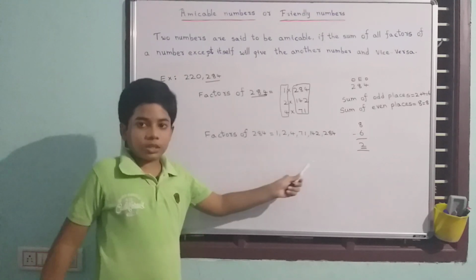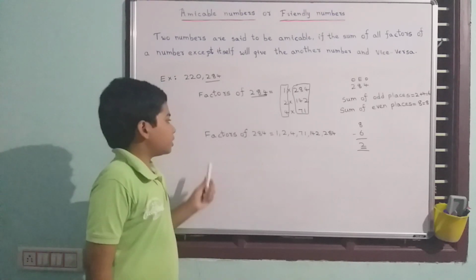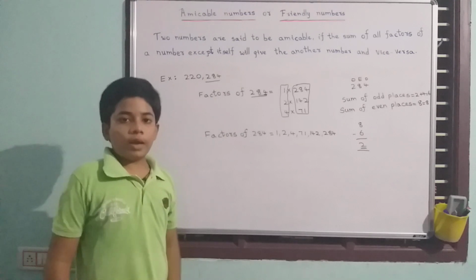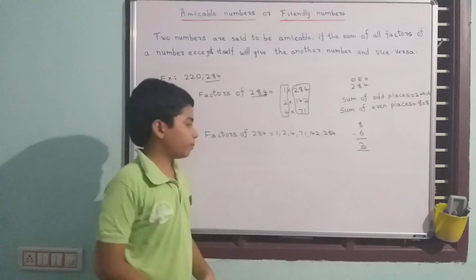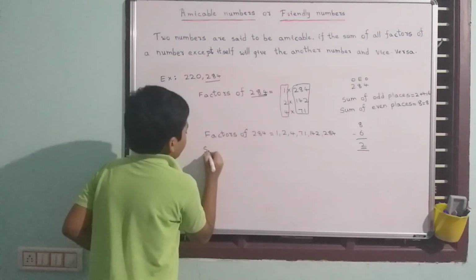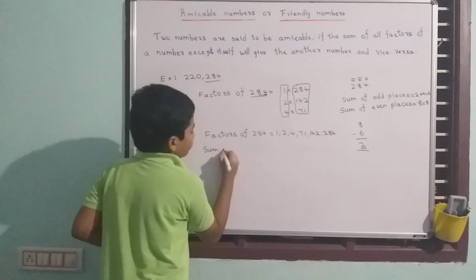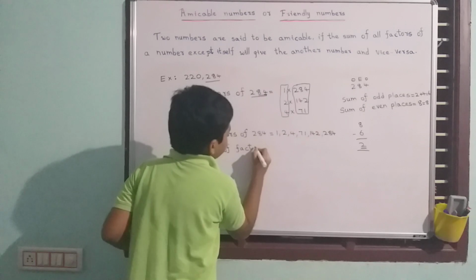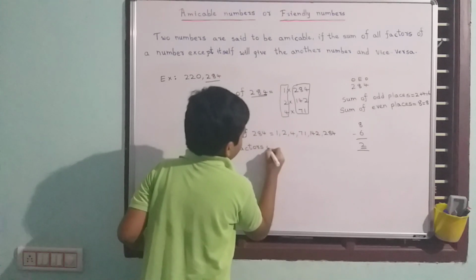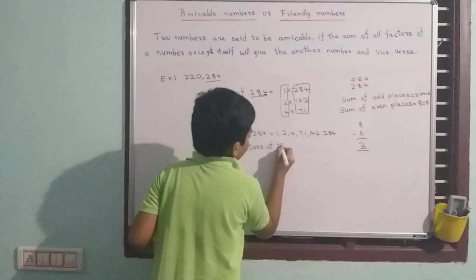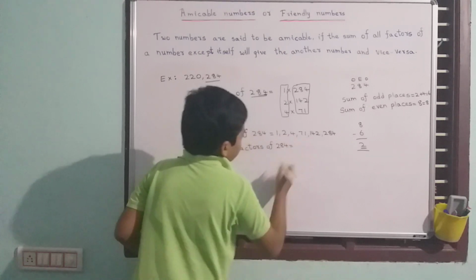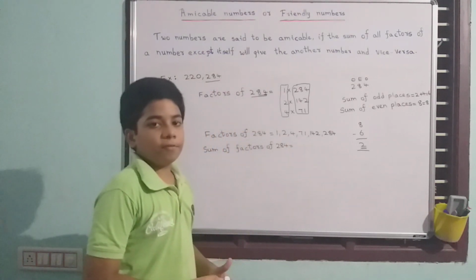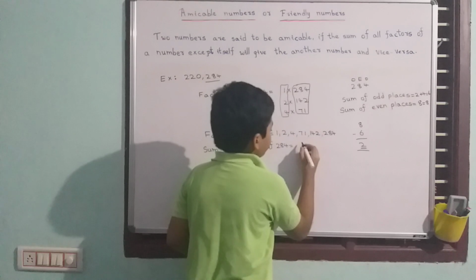So these are the factors of 284. After writing the factors of 284, we have to add them. We should not add the number itself. So let us add them.